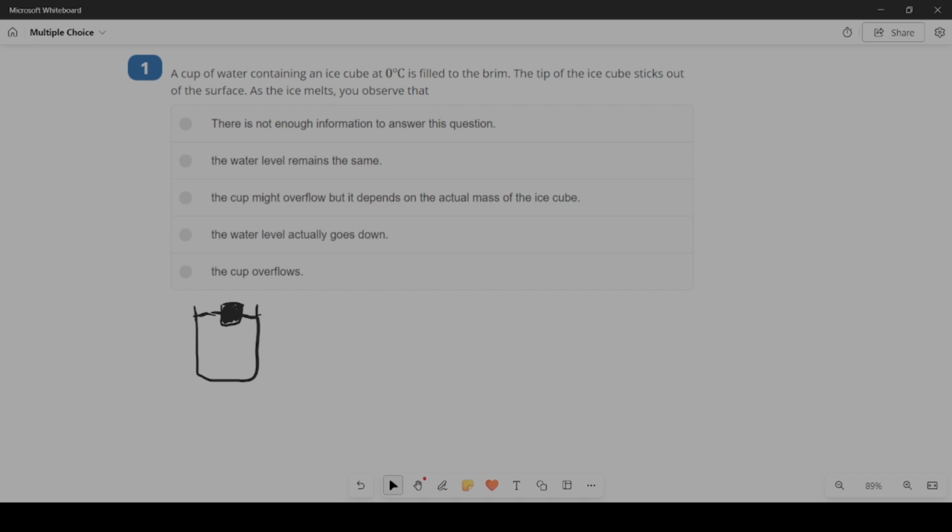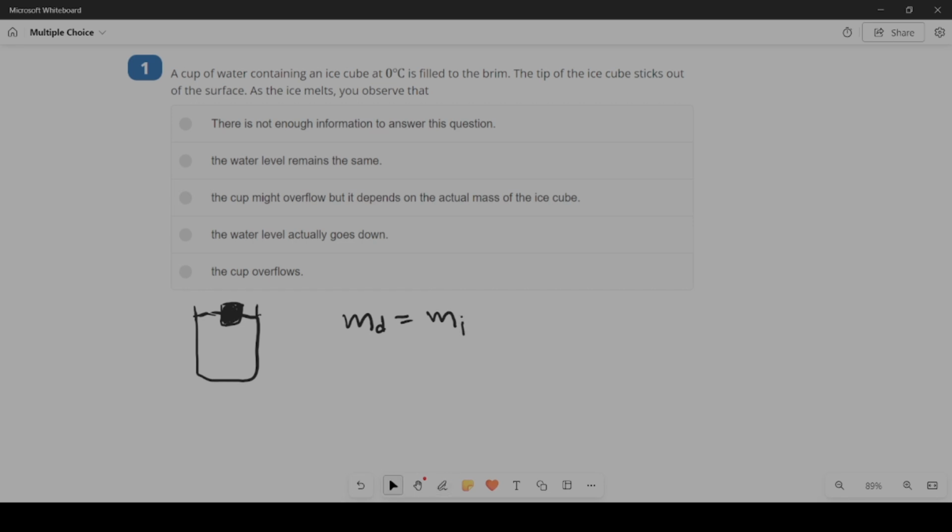So what we know about this situation is that since this is floating, the mass of displaced water equals the mass of the ice cube.